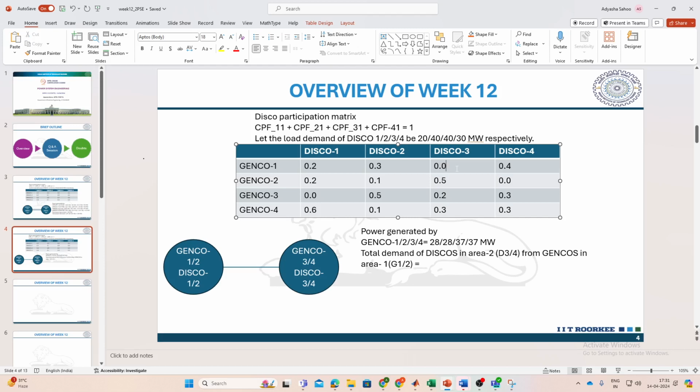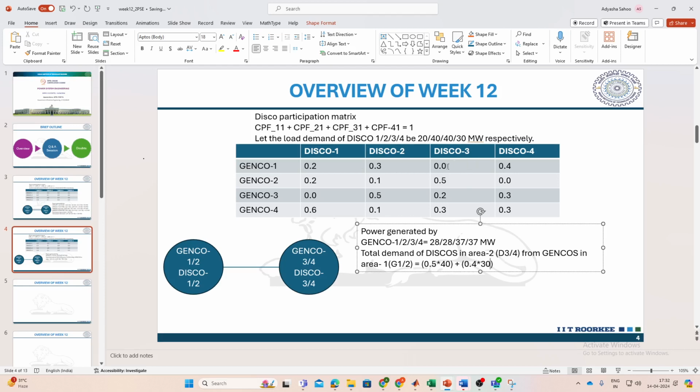DISCO 3 is taking no power from GENCO 1, and from GENCO 2 it is taking 0.5 of 40. So this is for DISCO 3. What about DISCO 4? It is taking 0.4 of its requirement from GENCO 1, and from GENCO 2 it is taking nothing. So is it clear?